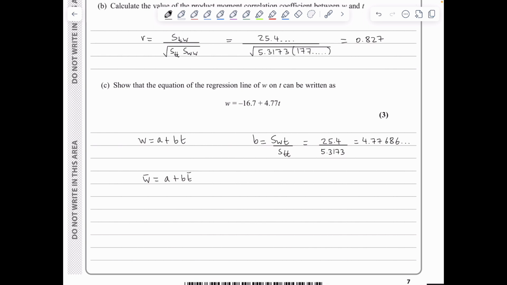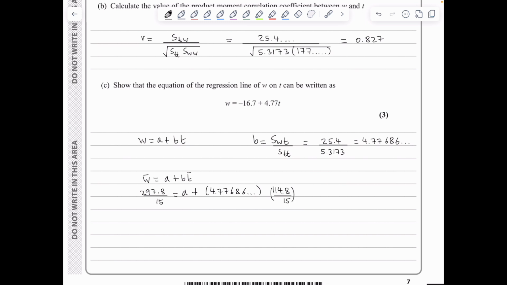And for A, we know that W bar is equal to A plus B times T bar. So we're looking at 297.8 over 15 being equal to A plus the value of B of 4.77686... times T bar, which is 114.8 over 15.